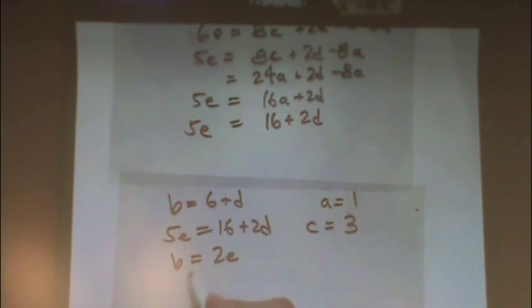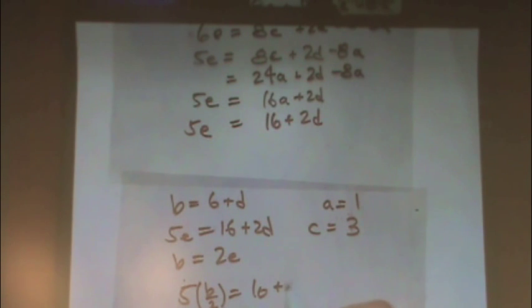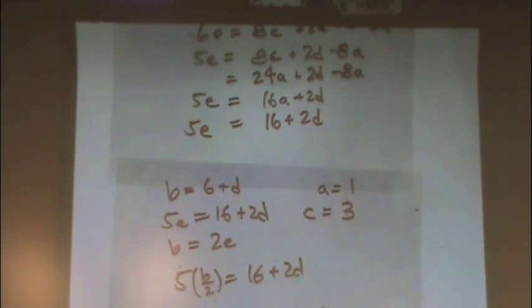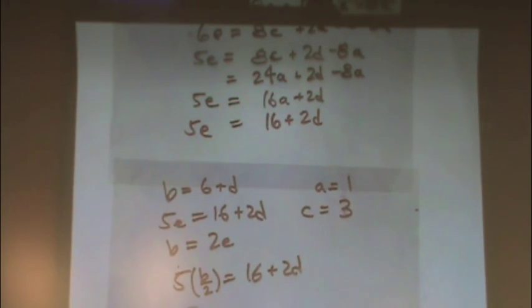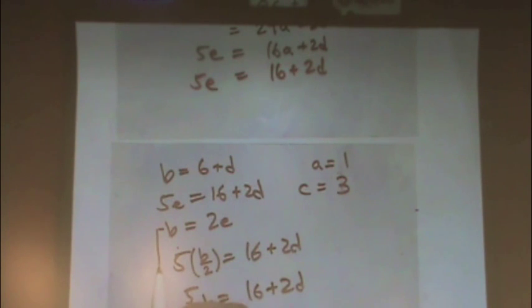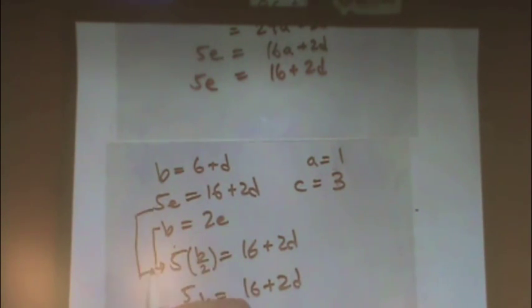So if I can plug in here 5E, B over 2, equals 16 plus 2D. And then so 5 halves B equals 16 plus 2D. And that's from this equation and this equation.